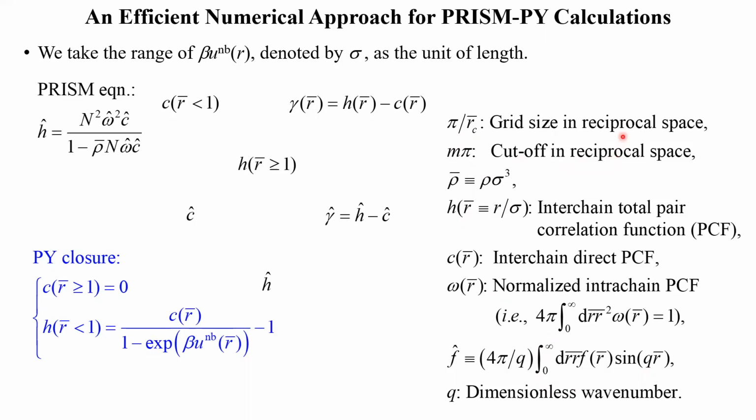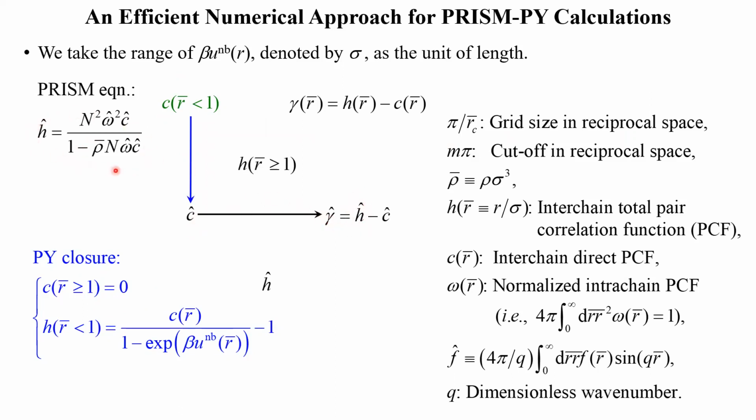Since the PRISM-PY theory needs to be solved iteratively, we want to choose the smallest number of independent variables for the iteration, and this is obviously the best choice. Combining its initial guess with the first part of the PY closure, we calculate c hat with the discrete sine transform, and gamma hat where h hat is obtained with the PRISM equation.